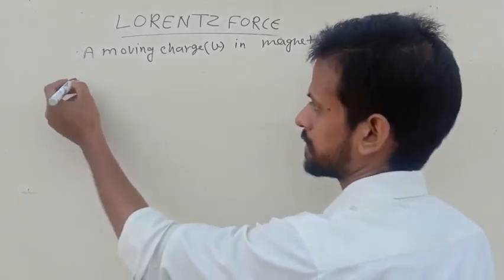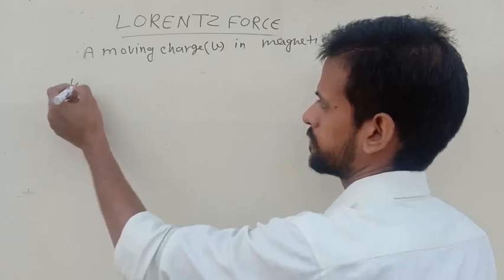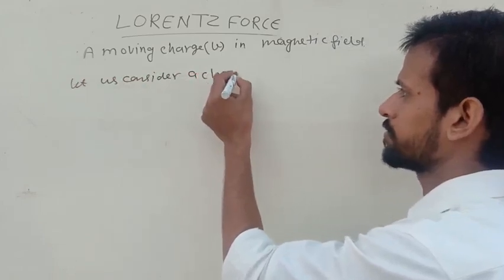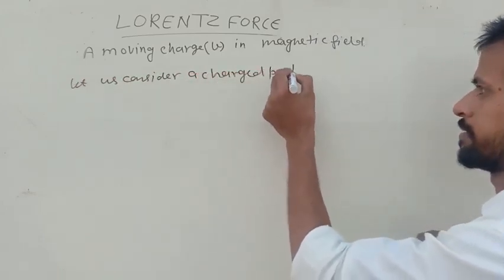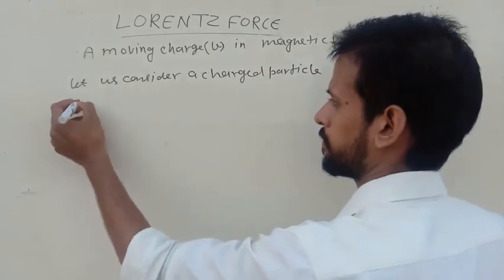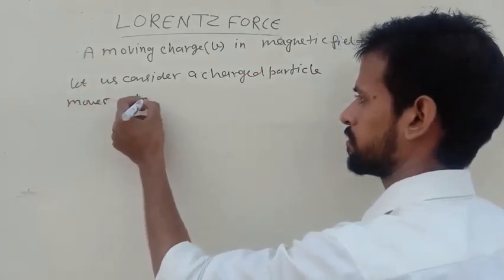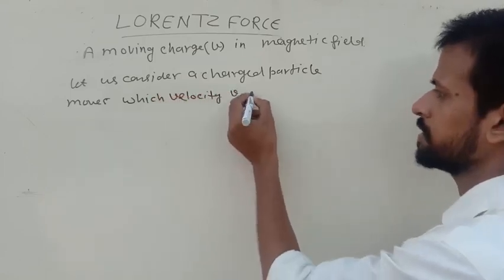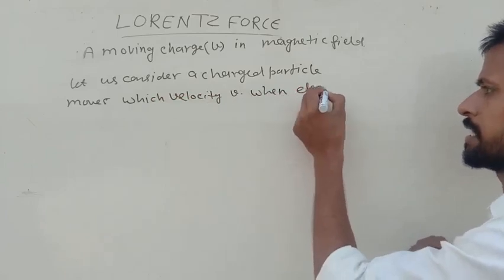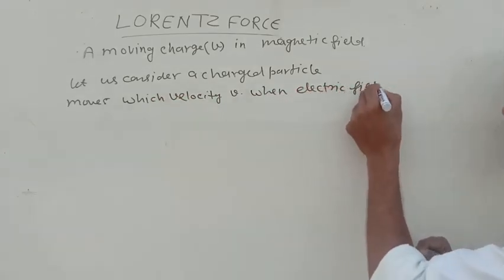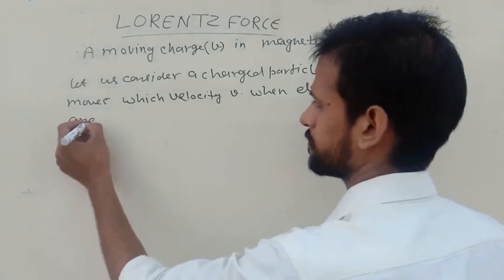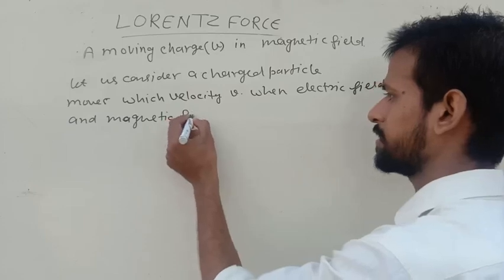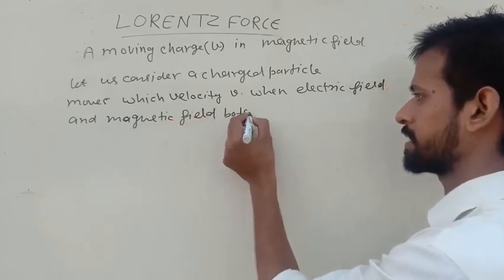So let us consider a charged particle moves with velocity v, where electric field and magnetic field both are present.